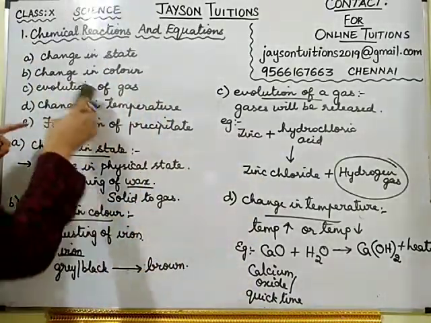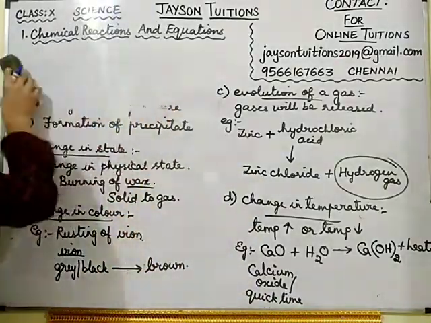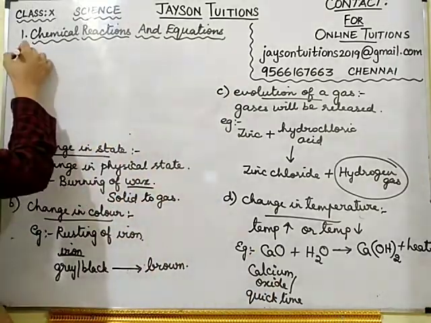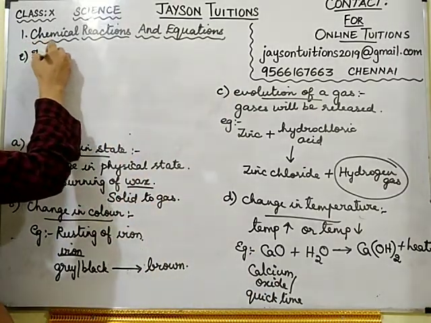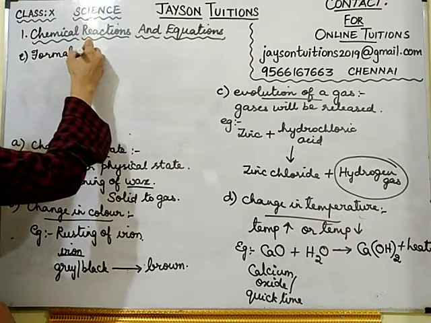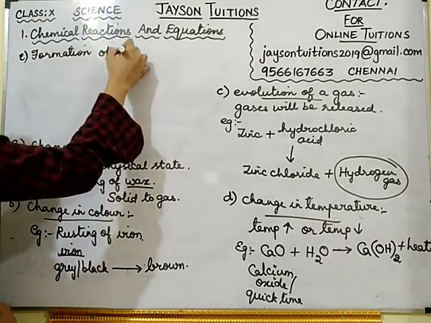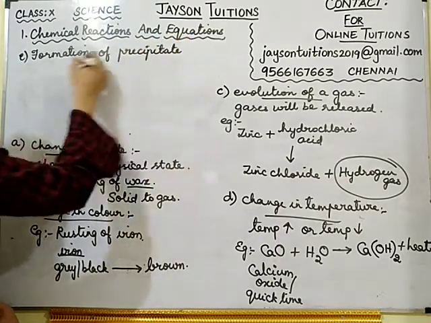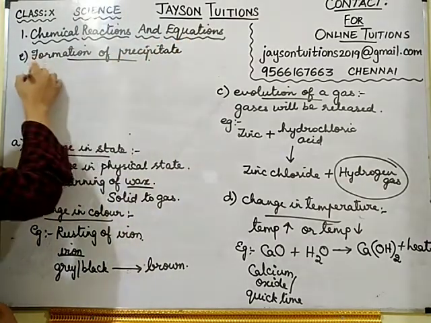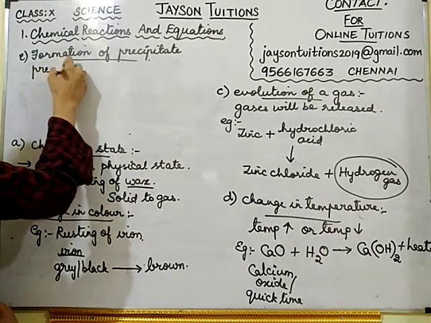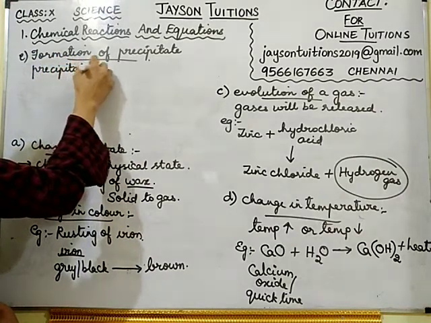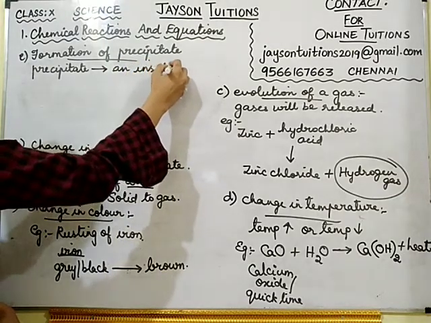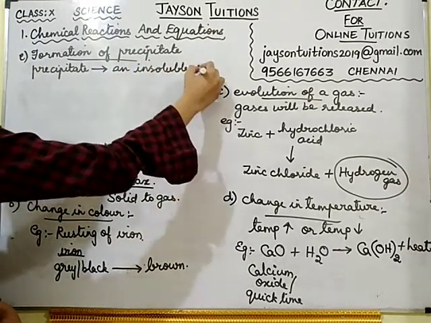Okay. Now what is the last one? Formation of precipitate. The last characteristic is formation of precipitate. First you must know what a precipitate is. Precipitate means an insoluble solid. What is precipitate?